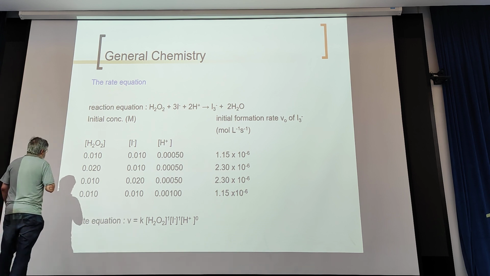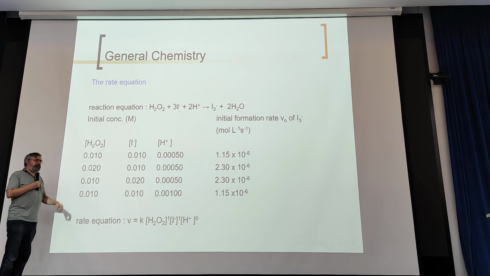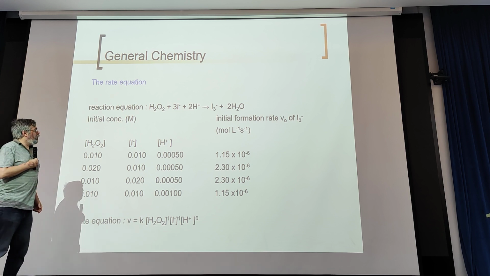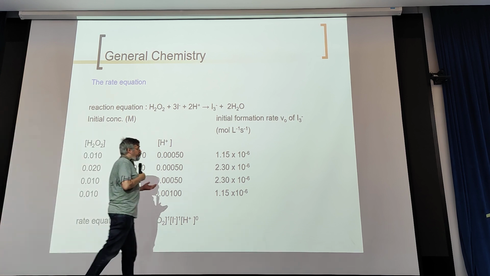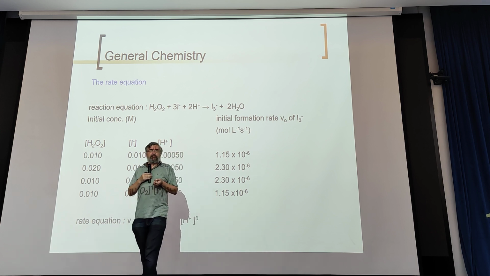Now, if you look at line number 2, everything is the same, except for the concentration of hydrogen peroxide that has doubled. If you look at the initial speeds, you see the speed is also doubling. The unit is mole per liter per second.